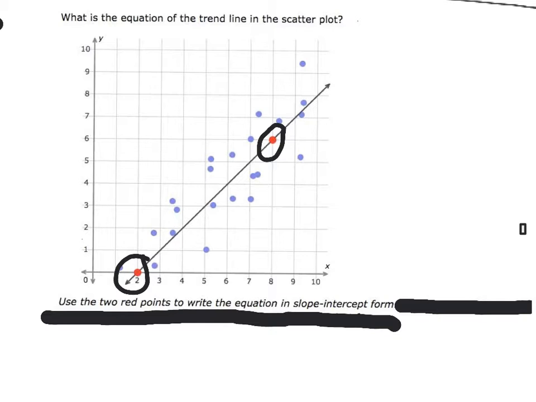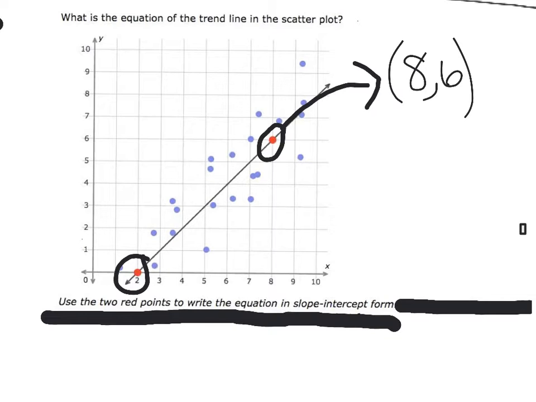So for our first point, it is up 6 and over 8. Our next point is up 0 over 2.